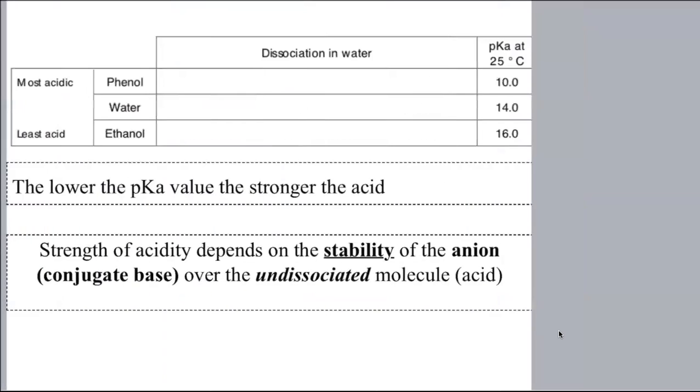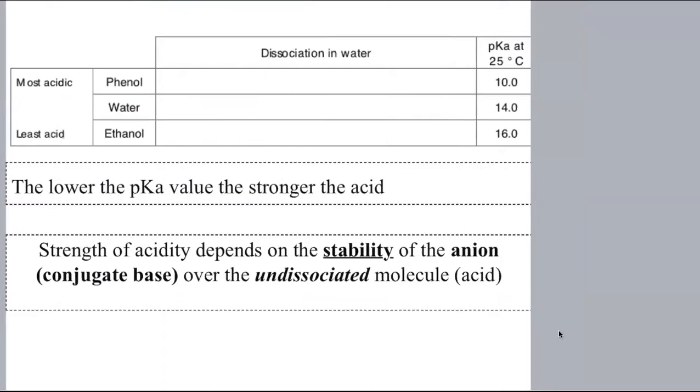Right, moving on. You also have to write down the dissociation equation of water. Even though we say water is neutral, if you look at the dissociation of water, H2O is broken down into H plus plus OH minus.